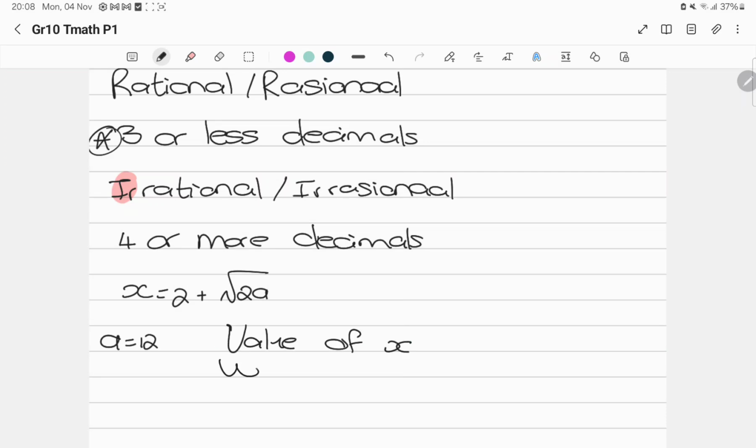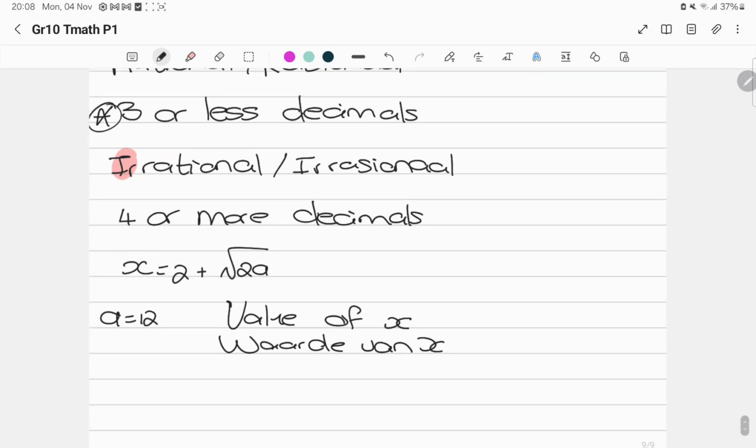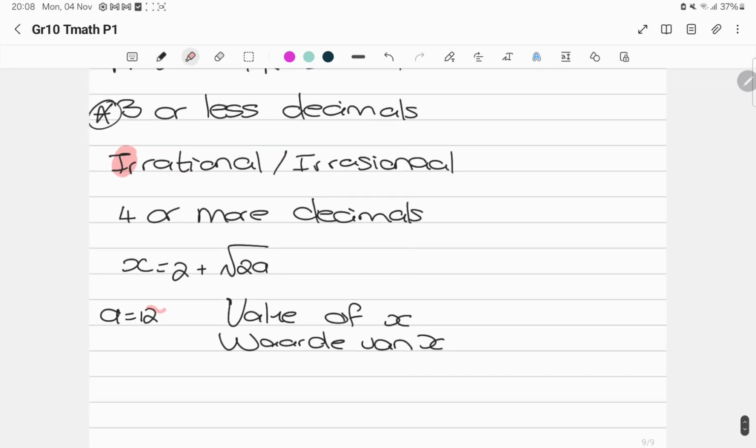Kry die waarde van x. So, what is my a value? My a is going to be 12. So in my equation where I had a, I'm now going to put 12. So it's going to become x equals 2 plus the root of 2. Remember your brackets. And then you put your 12 in there.